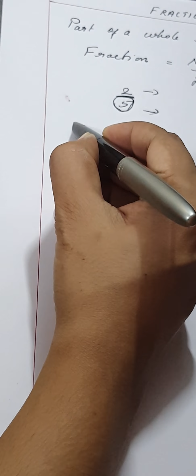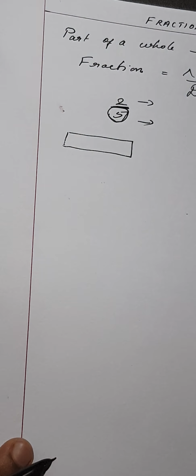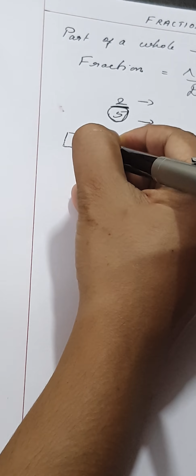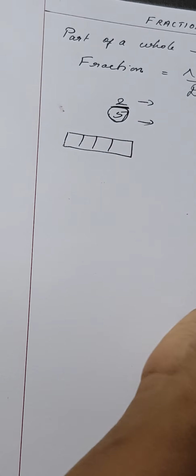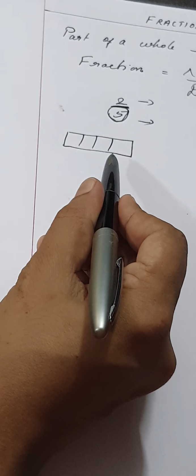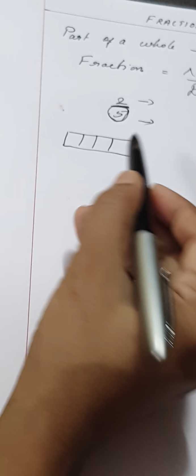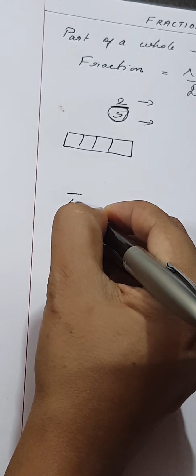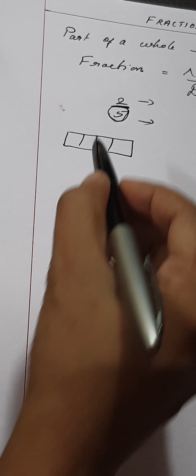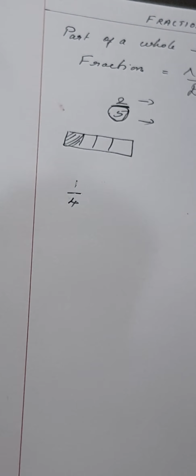Now, suppose this square we are considering as the whole, and I divided this into 4 equal parts. Then each part is a fraction. We divided this into 4 equal parts, so the denominator will be 4. Then this part alone we can call 1 by 4.